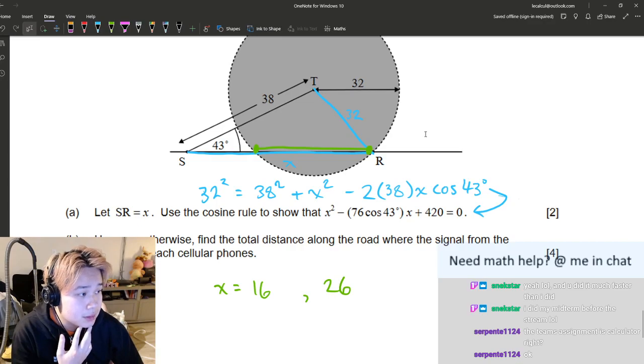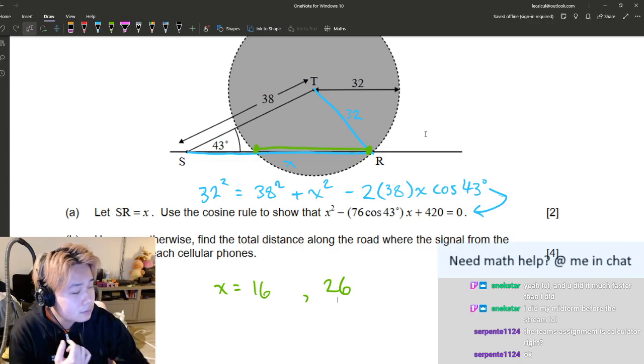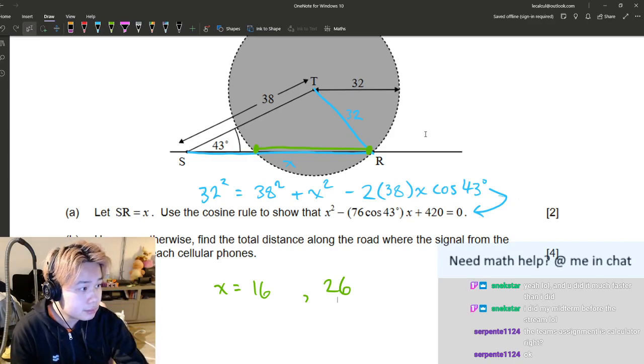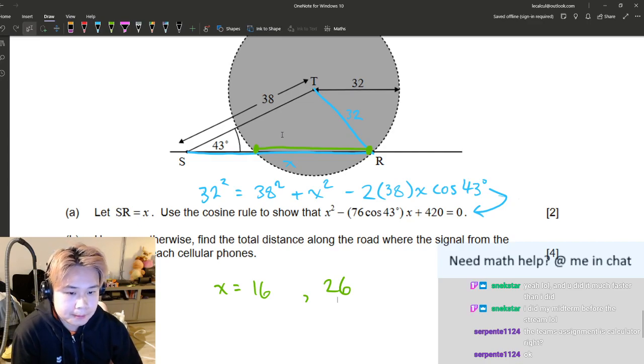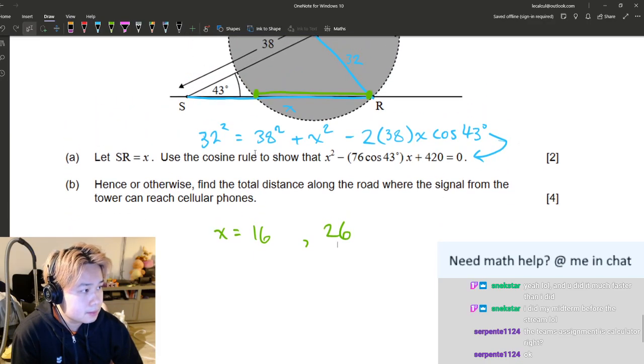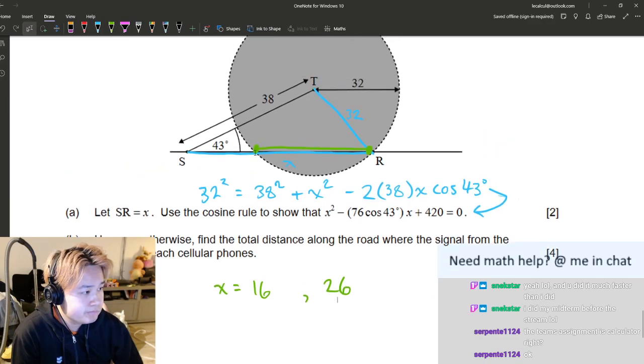I wonder what this means. Okay, let's double check everything. This is the distance x. And then using cosine law, I know this is true.